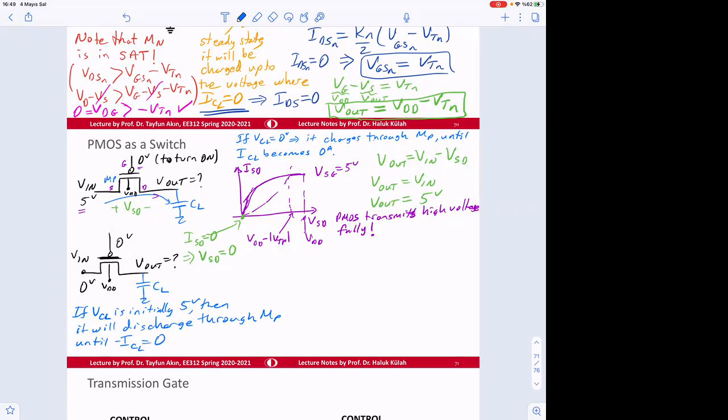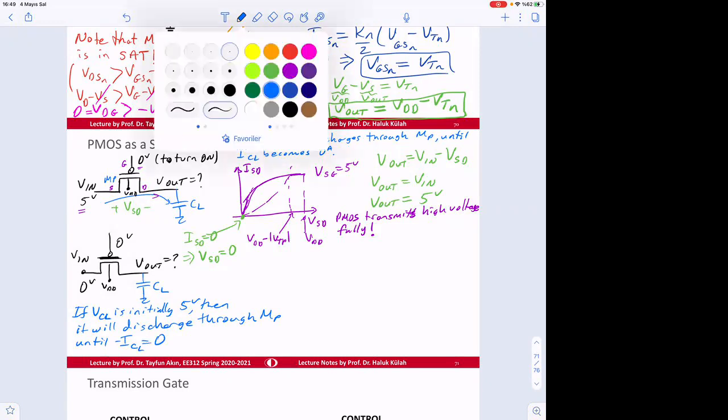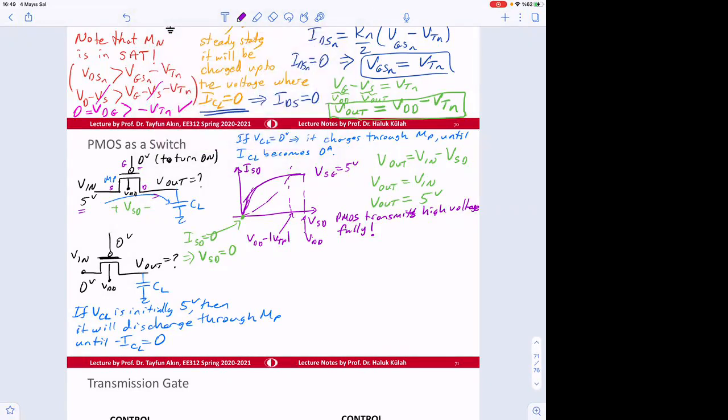Okay, so here we can write which side is drain, which side is source, because the current is in here. For the PMOS transistor, we say current goes from source to drain. So that's the current direction. So this is gate, of course.